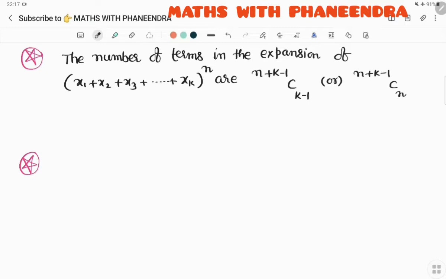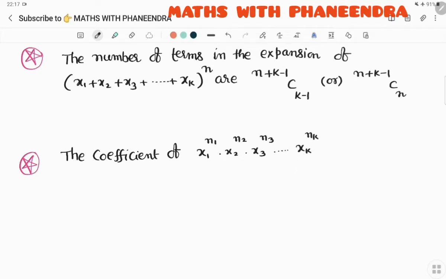Similarly, how to calculate the coefficient of x1 power n1 into x2 power n2 into x3 power n3 and so on xk power nk in the expansion of (x1 plus x2 plus x3 and so on xk) whole power n?